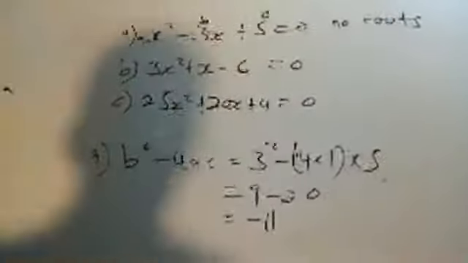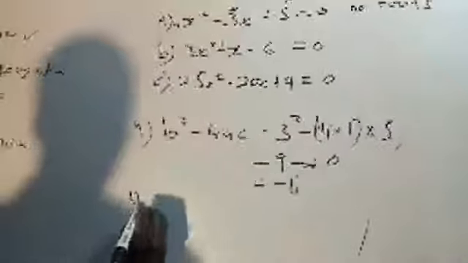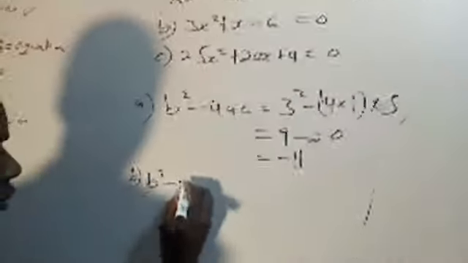Let's go to equation 2, which is b. So b squared minus 4ac.